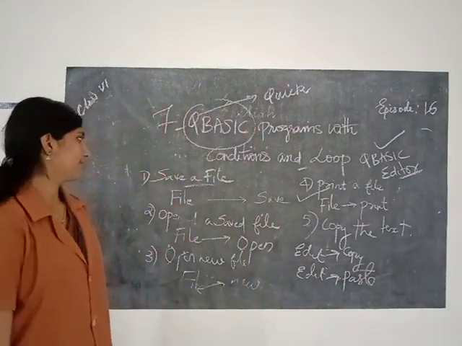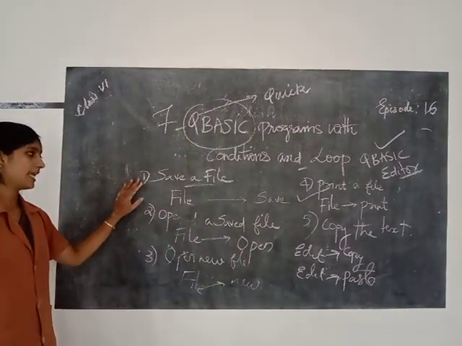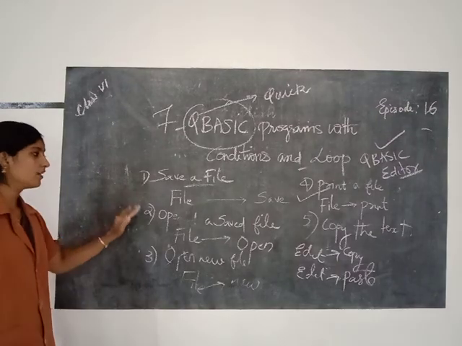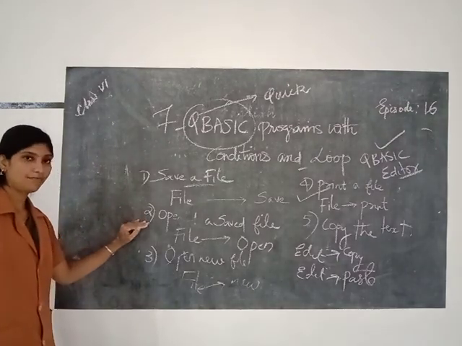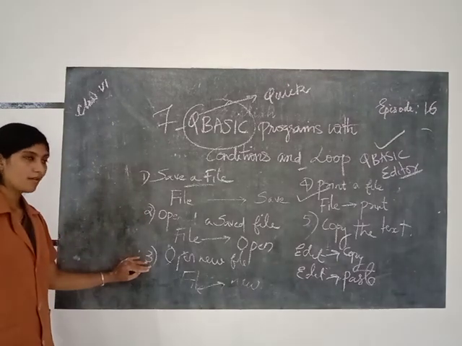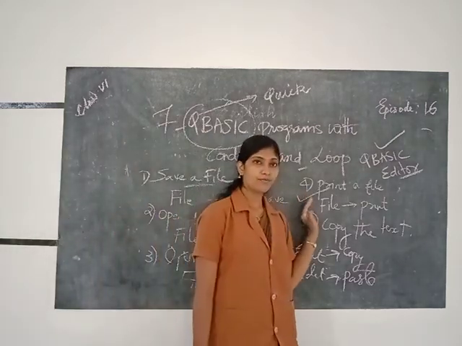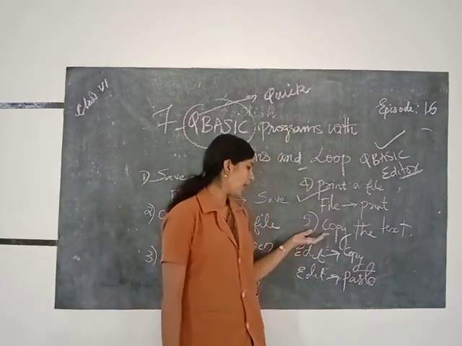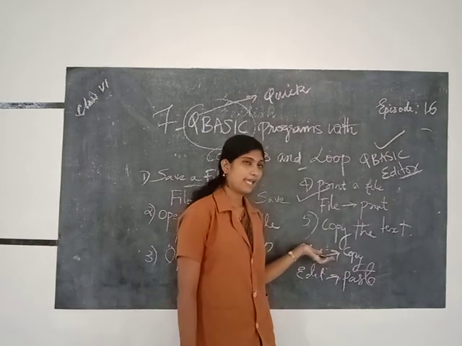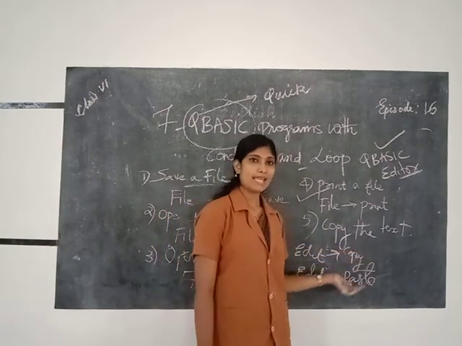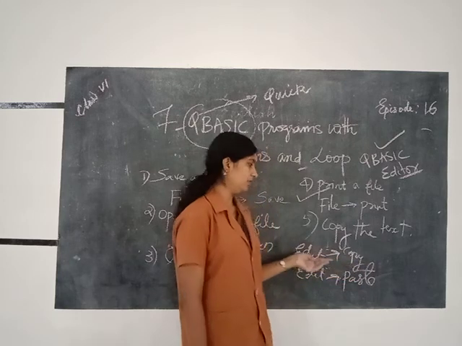Then next, move the text. Here once again: save a file, File, Save. Open a saved file, File, Open. Open a new file, File, New. How to print a file, File, Print. How to copy the text, Edit, Copy, Edit, Paste.